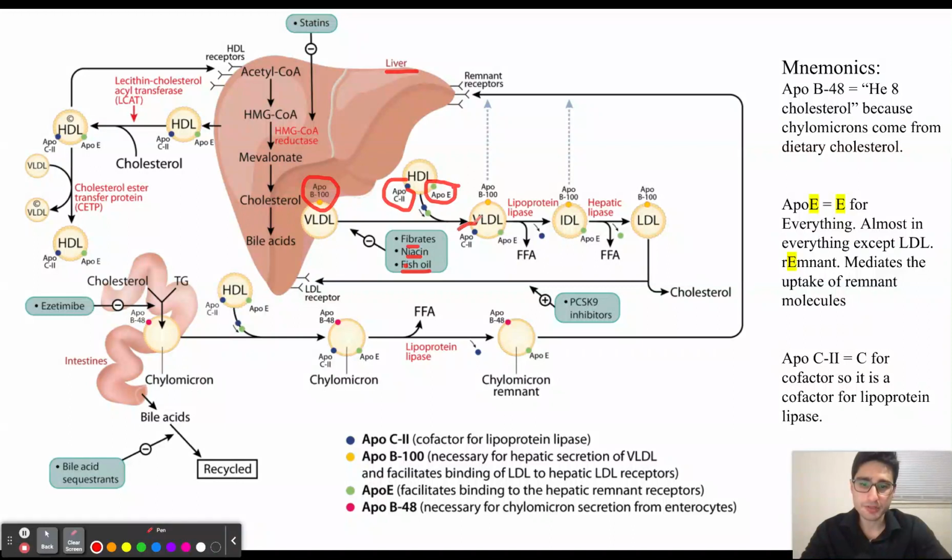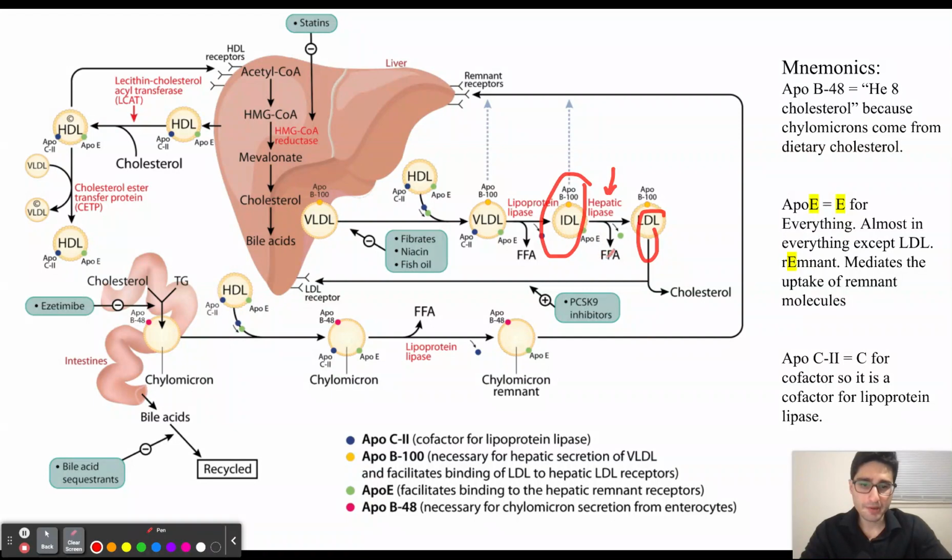Now remember, ApoC2 is a cofactor, C for cofactor, for lipoprotein lipase. So now this enzyme is going to cleave fatty acids from the VLDL, converting it to IDL. Again, we're going to be removing ApoC2 from the surface as we do this step. And once we have IDL, IDL can be converted into LDL with the enzyme hepatic lipase.